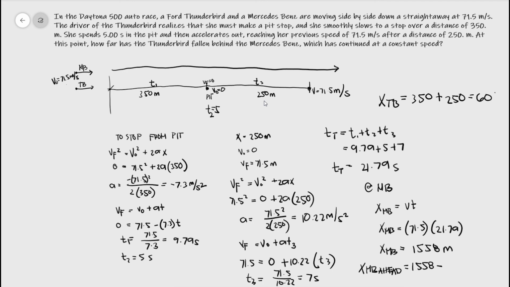This one is equal to 600 meters. Therefore, this one is minus 600. The answer here is 958 meters. Okay, this will be our final answer.